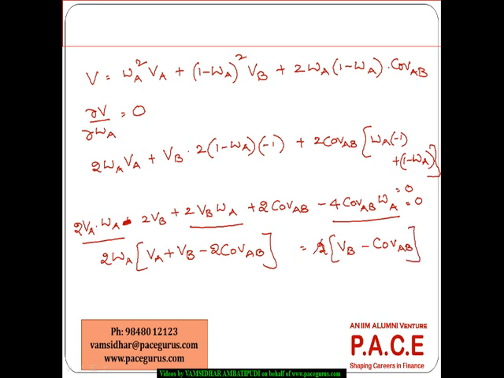Taking the 2 out on both sides, directly saying the weightage of A is variance of B minus the covariance between AB, divided by the variance of A plus variance of B minus twice the covariance between A and B. So this is the proportion of investment in A that will minimize the overall risk of the portfolio.